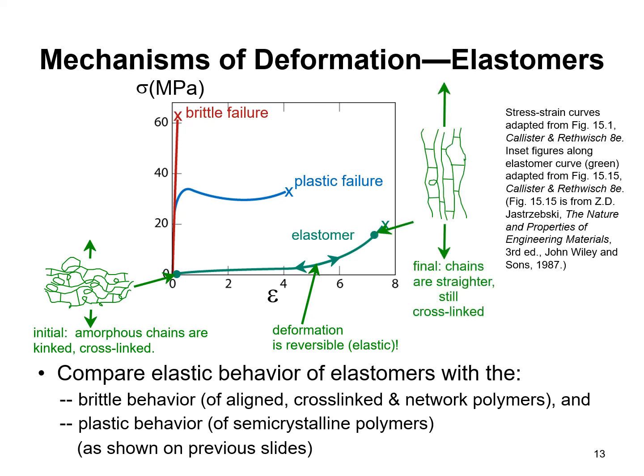And lastly, at the point of failure, the chains are straighter but they are still cross-linked. So we can compare the elastic behavior of elastomers with the brittle behavior of aligned, cross-linked and network polymers, as well as the plastic or ductile behavior of semicrystalline polymers, as shown on previous slides.